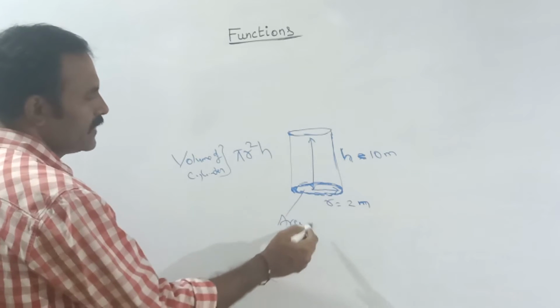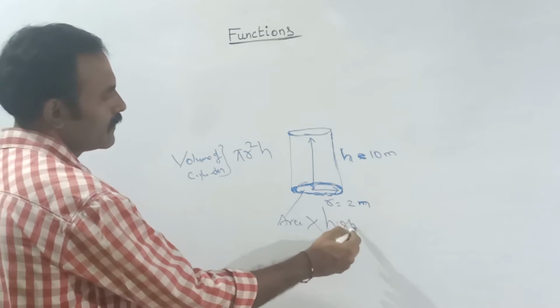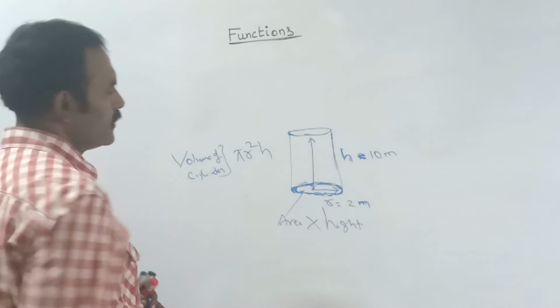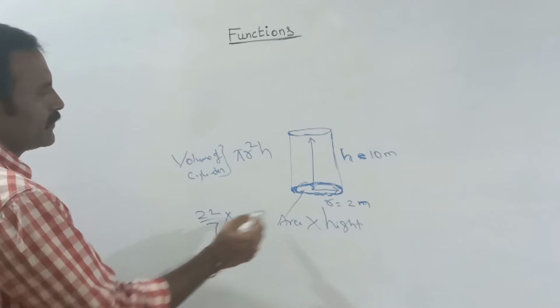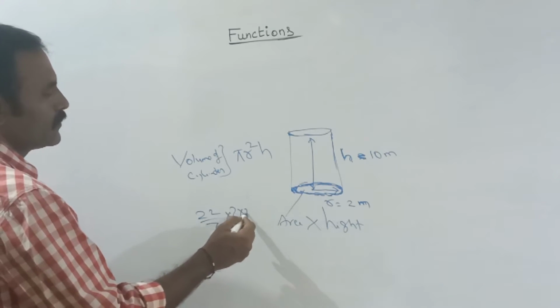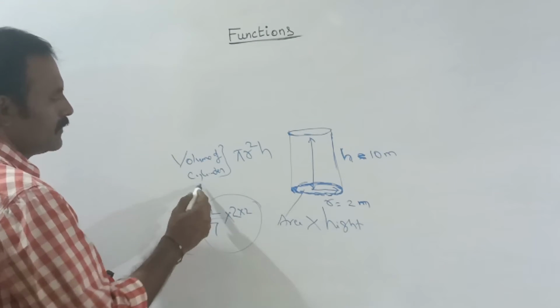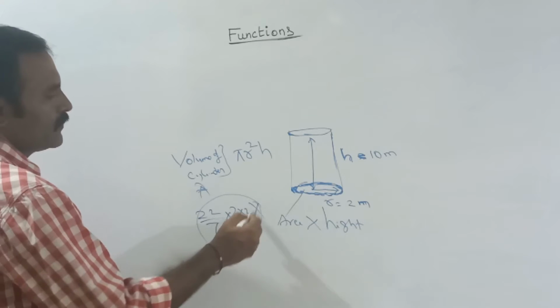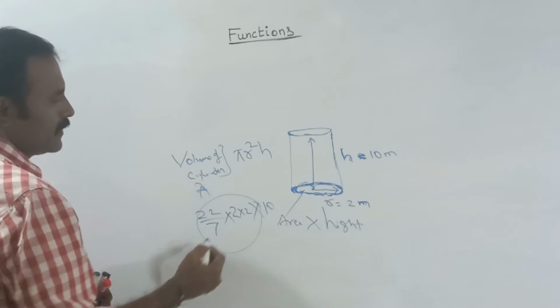First we should find the area, then multiply by the height. This height is 10 meter. For example, 22 by 7 into 2 into 2, this is the area, into the height. What is the height? Height is 10 meter.